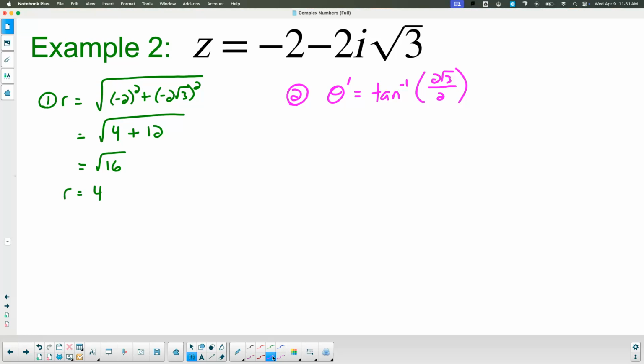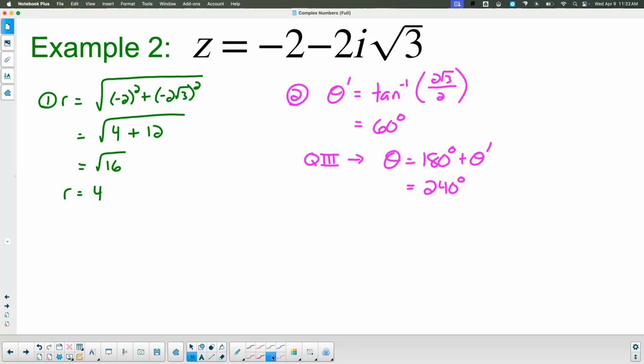Okay. So that is 60 degrees. Since this complex number is in quadrant 3, it's negative, negative, then that means actual theta is going to be 180 degrees plus my reference angle, or 240 degrees. Are we all good with that?